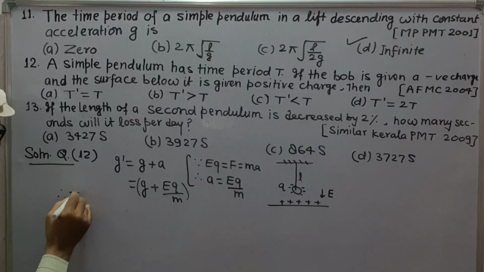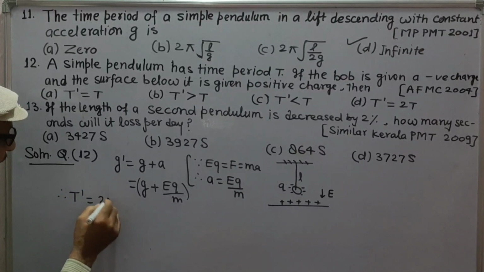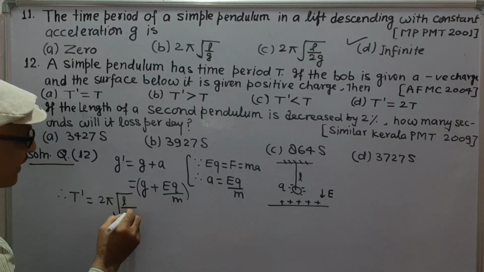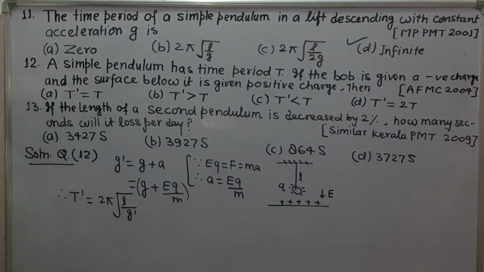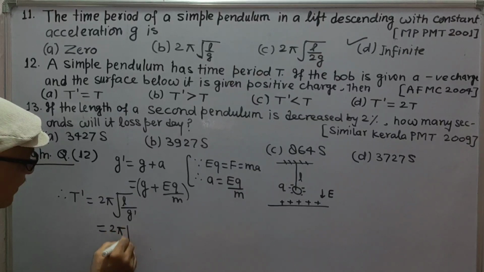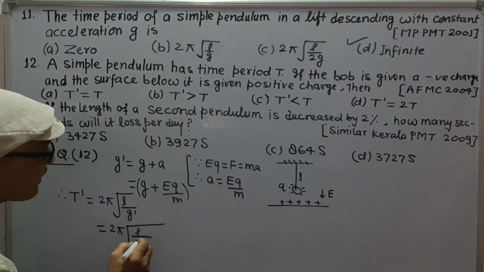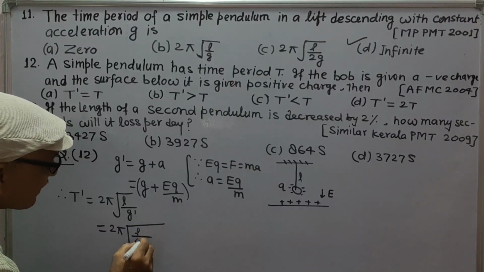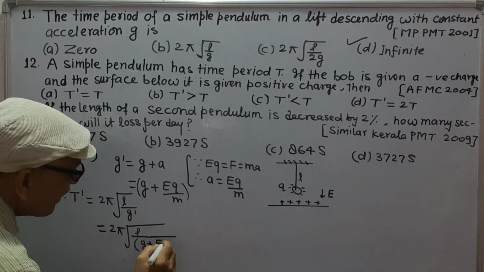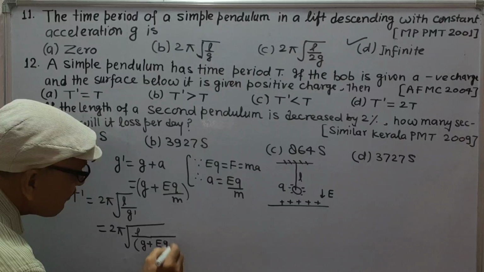Therefore T dash will be equal to 2 pi under root L upon g dash, which is 2 pi under root L upon g plus EQ upon M.